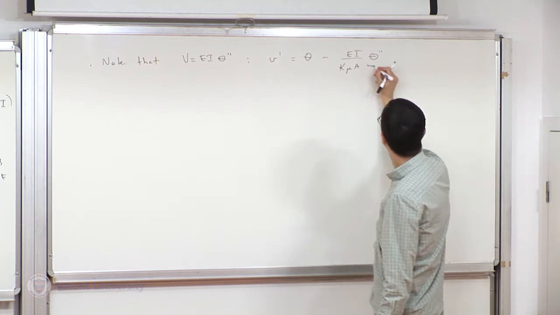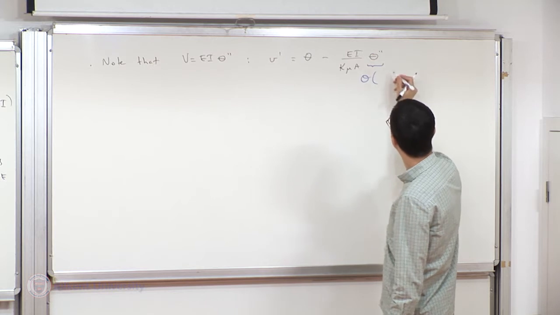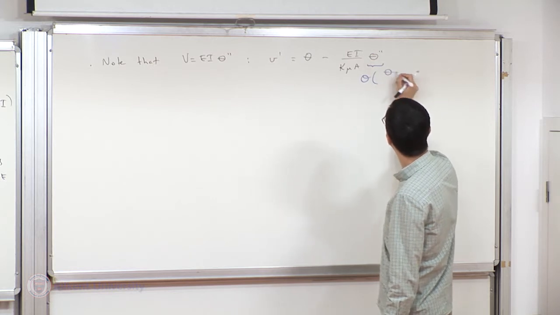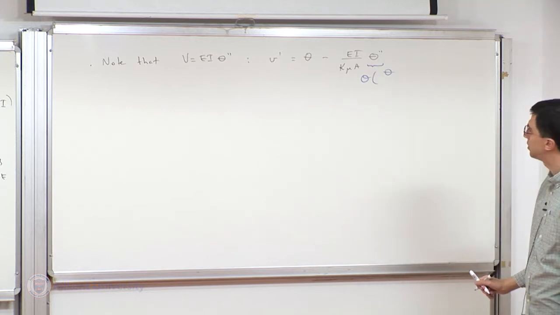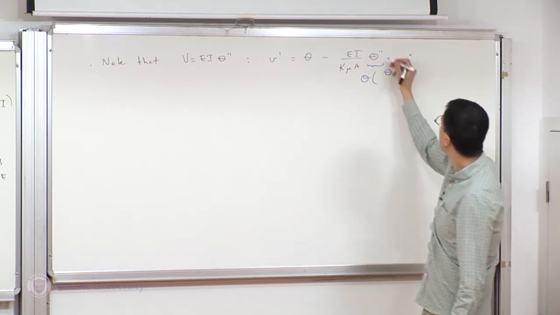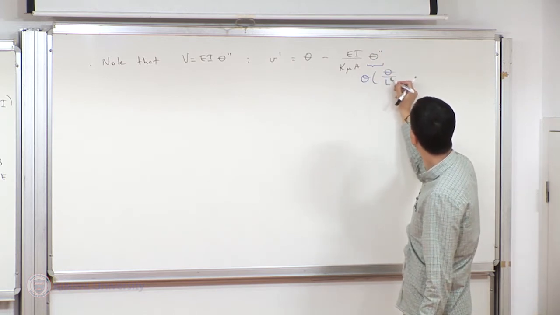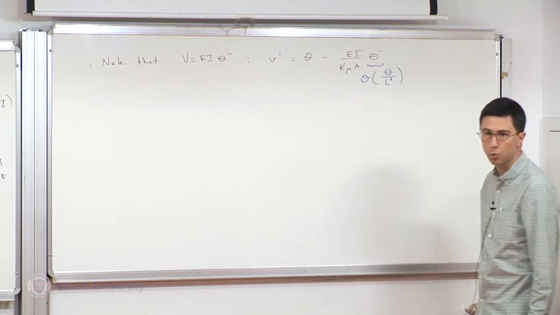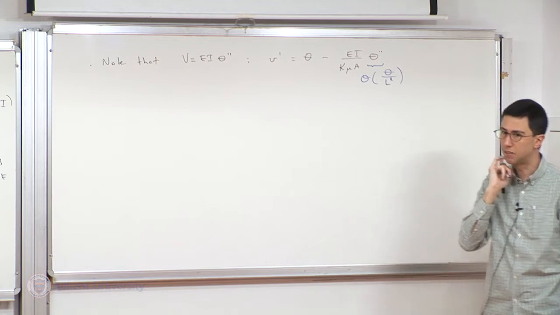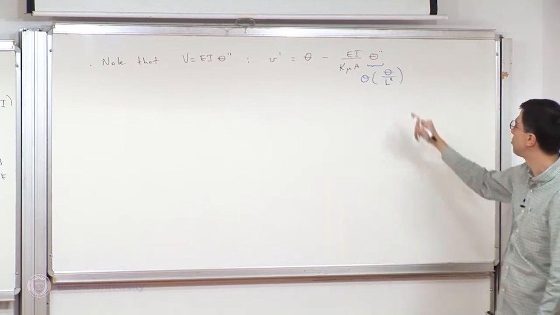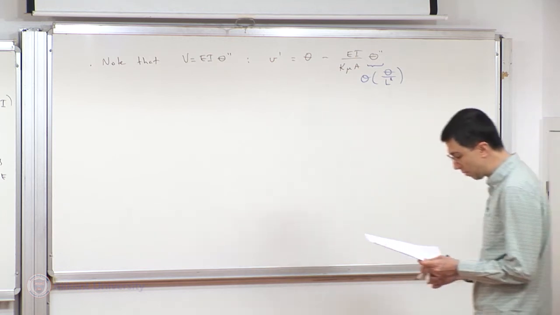So I'm just going to indicate, order of magnitude-wise, the rotation at the end of the beam by theta. Theta is more or less a representative rotation of the cross-section. And there is a second derivative with respect to the horizontal coordinate. Instead of that, I'm going to put length squared. So this is a quantity that sort of represents the second derivative. Of course, the second derivative changes at every point, so it's just the order of magnitude analysis. So I wrote theta over L squared.